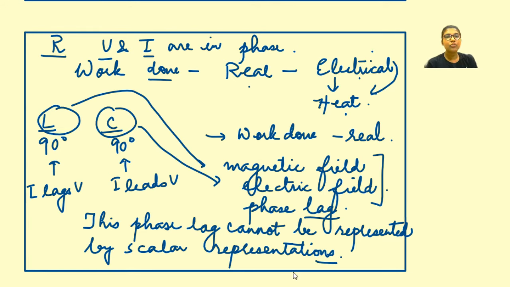So what do we need over here? We require vectorial representation. We need vectorial representation to show this phase lag of 90 degrees that is generated between the voltage and current for an inductor and a capacitor.